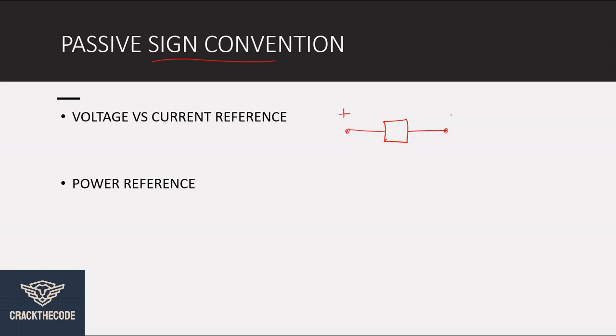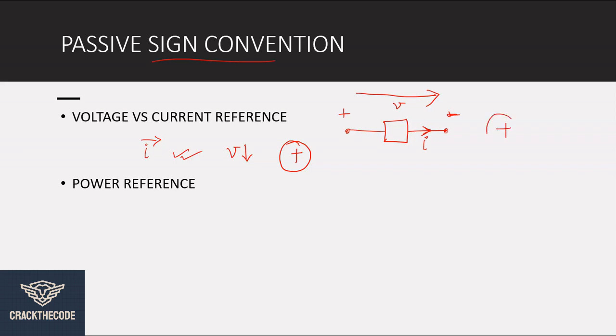It has positive and negative terminals, and then it has some current I passing through it. If the direction of current is the same as the direction of voltage drop, then we can assume positive sign. As you can see here, the voltage is dropping in this direction and the current is also in the same direction.